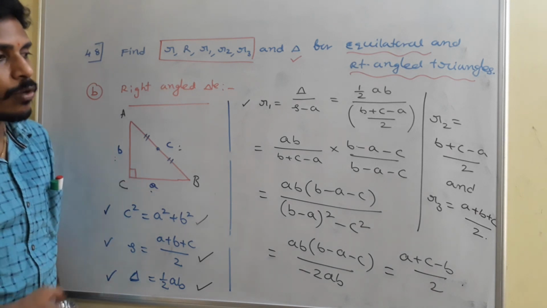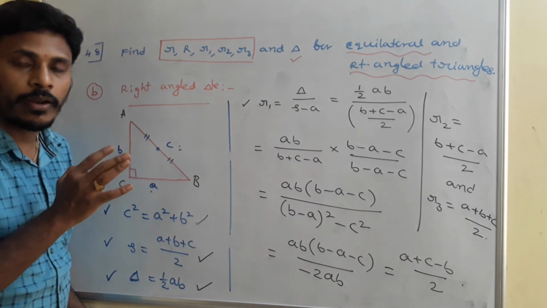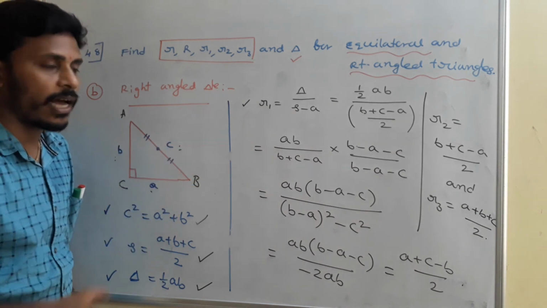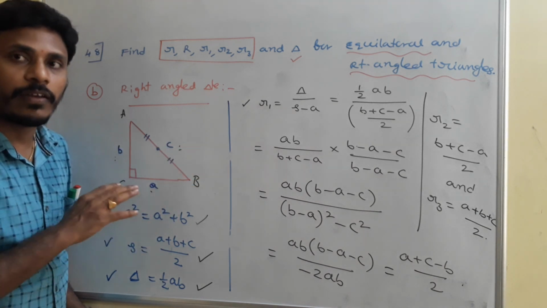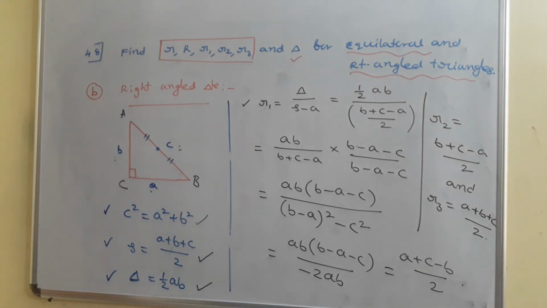And that R3 if you calculate, you will get it as (A plus B plus C) by 2, right? So you just similarly find R1, R2, R3. Memorize everything, okay? Just once analyze it. So analyze and memorize all these rules, and they are very helpful in solving different problems, okay?